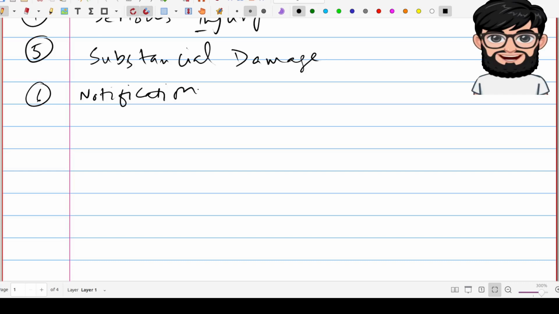And the NTSB always requires a report if this is the case. So you should always notify if something falls into the category of accident. You should definitely, by rule, by law, notify them.